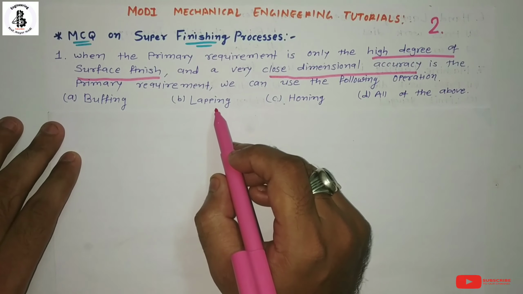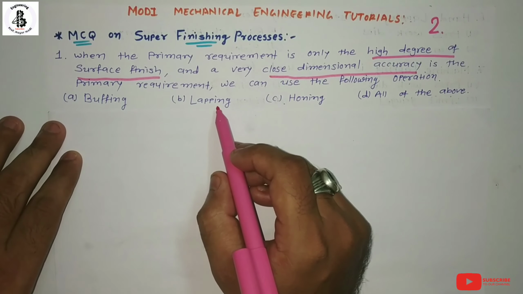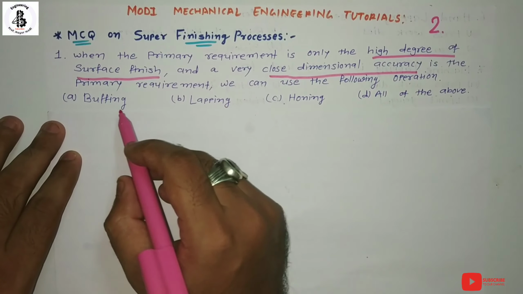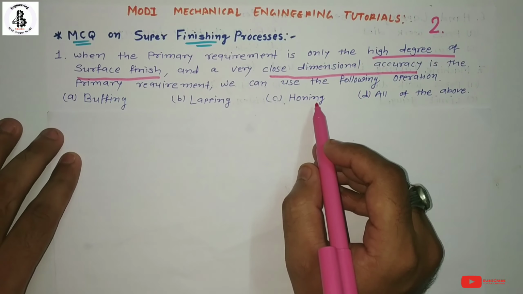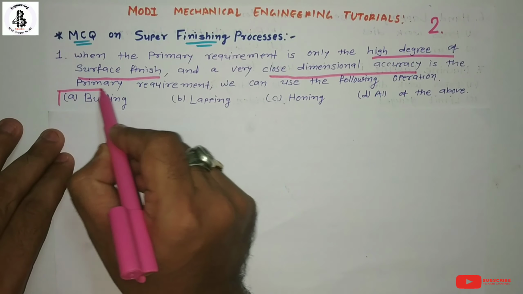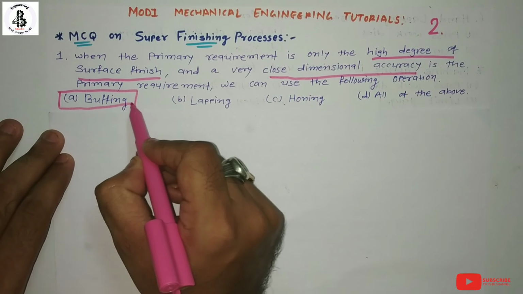Then lapping is also considered a surface finishing operation. So the buffing is also performed by lapping and honing. So the right answer is option A, buffing process.